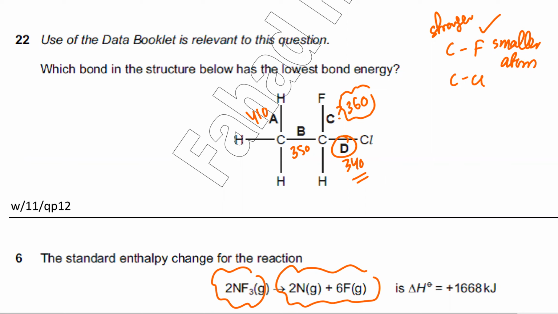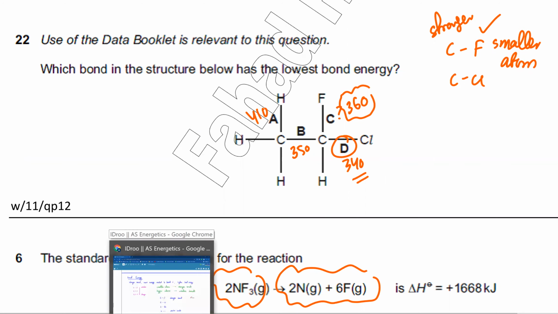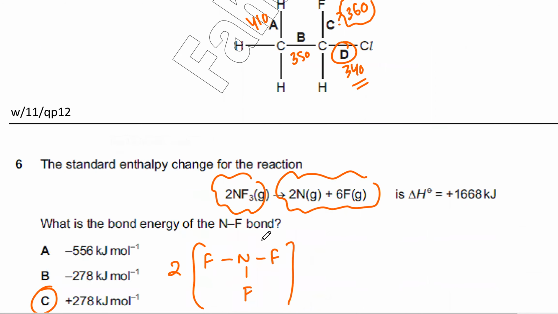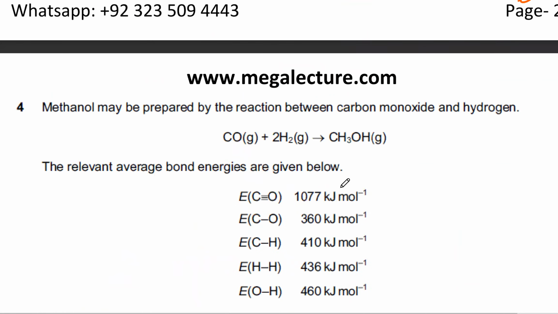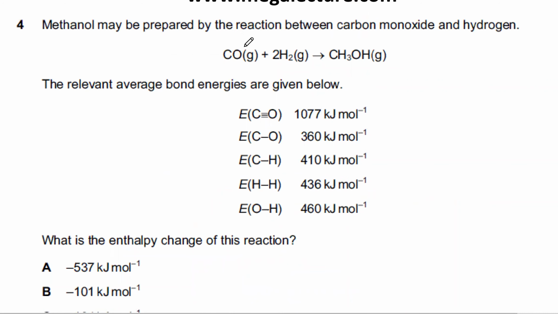So we're done with bond energies. Just make sure that whenever you deal with bond energies, you look for two things. Either all the substances are in gaseous state, then you use bond energies, or they explicitly ask you to use bond energies. Most of the time, they'll give all the substances in gaseous state.